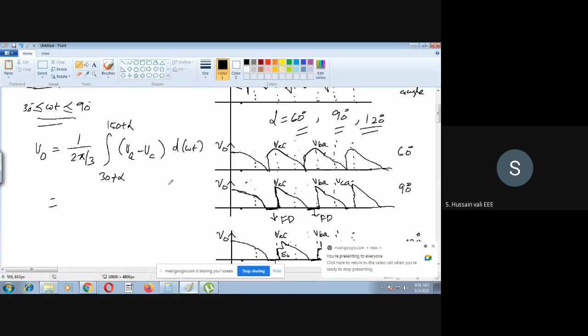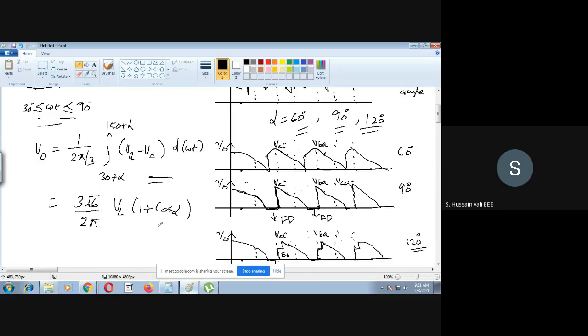So the same equation, so you must get the same answer, like we have seen in the last class itself: 3 root 6 by 2 pi into VL into 1 plus cos alpha. This is a similar kind of answer we got even in case of separately excited DC motor. Just recall whether this is the same or not. So you must get the same answer.